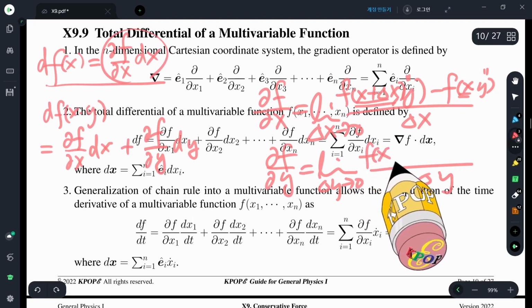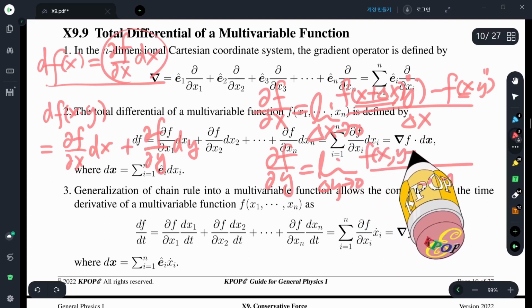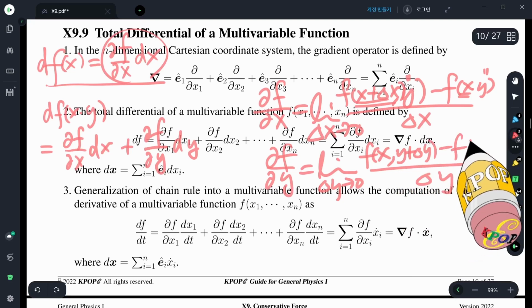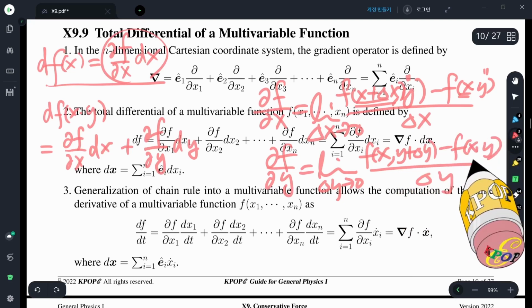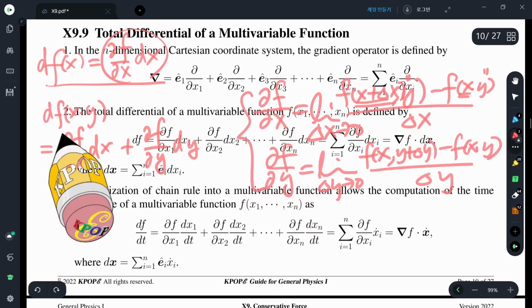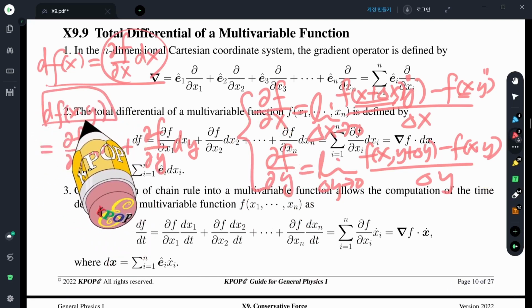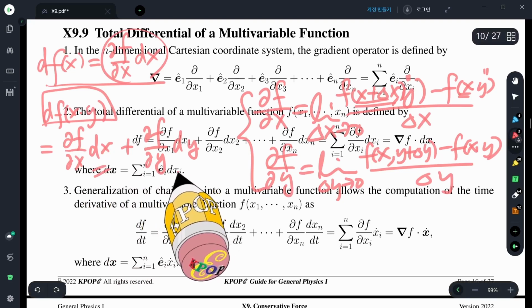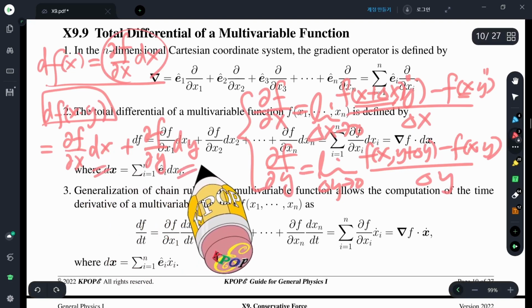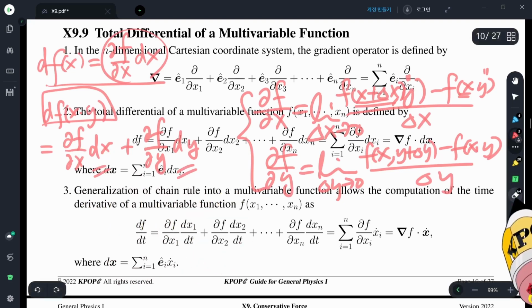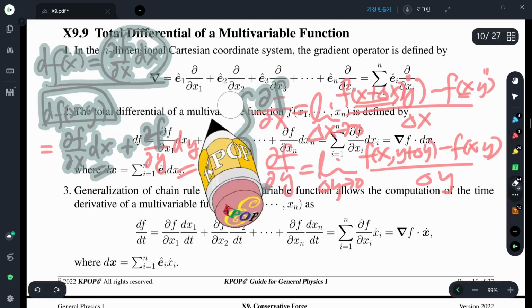In that case, keep x invariant. Alright, so in such a manner, I can compute the total differential of this function depending on all of the independent variables.